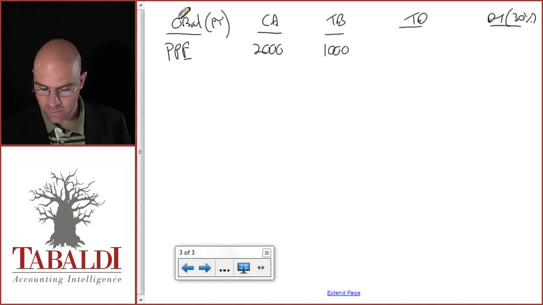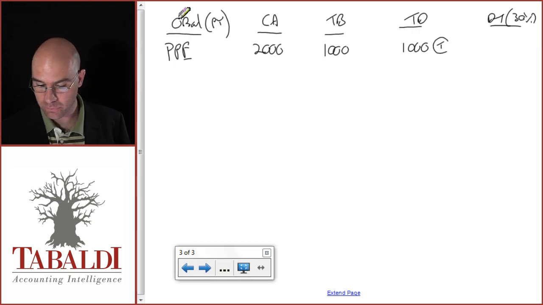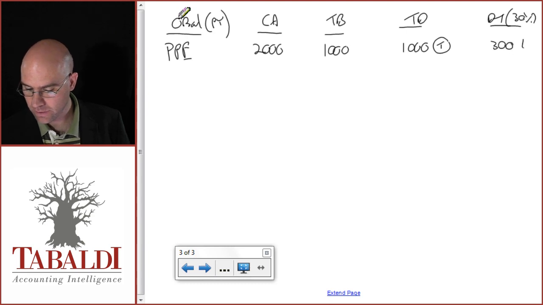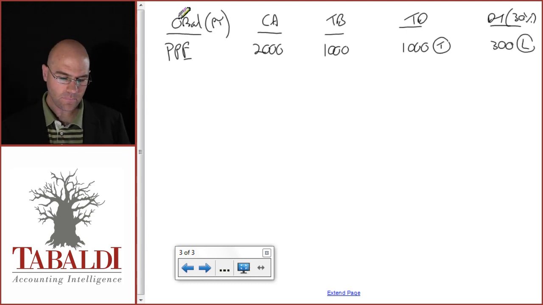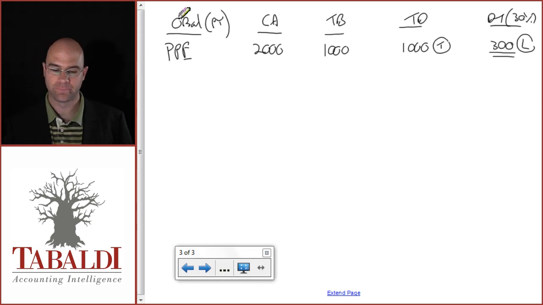Therefore, future taxable income would be 1,000, and that would be a taxable temporary difference. That would give rise to a deferred tax liability of 300. Let's assume that that was the only deferred tax in the prior period.